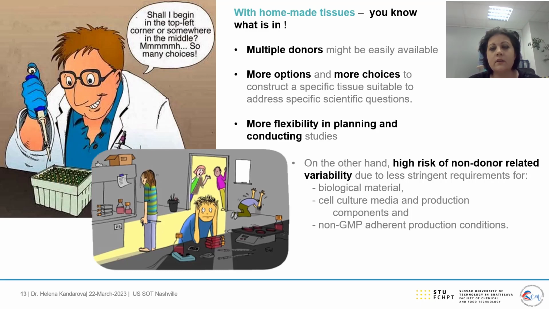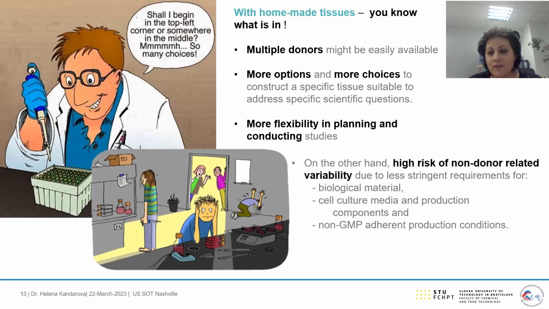On the other hand, the creation of the model in your own laboratory may have really some risky parameters. This can be coming from non-donor related variability due to the less stringent requirements for the biological material, less stringent requirements for the cell culture media and the components that are going into the cell culture media, and overall non-GMP adherent production conditions.